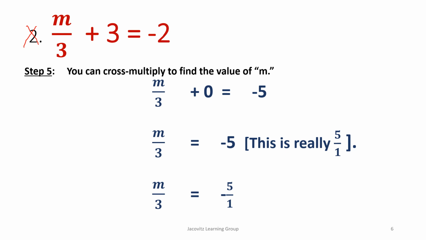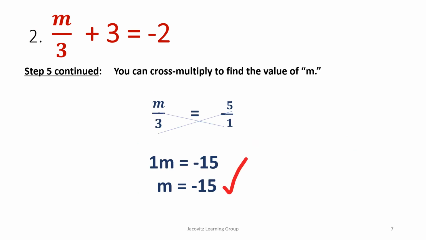You get the concept. And now you have m over 3, 3 times -5. You're going to cross multiply, and this is 1 times m. So we'll do that in the next slide. When you cross multiply 3 times 5, you get 15.